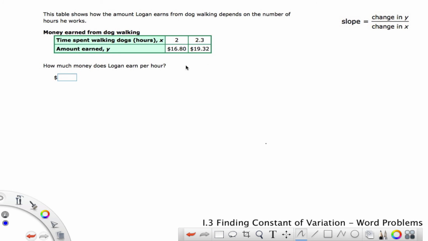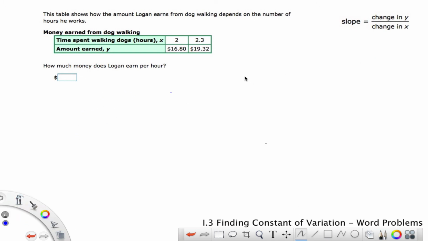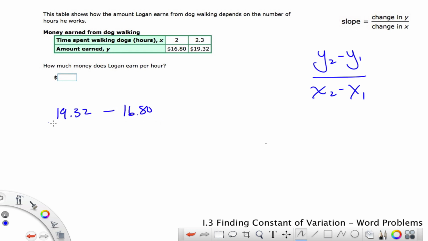So Logan earns some money. We got some fancy looking numbers here. So again, we have y sub 2 minus y sub 1 over x sub 2 minus x sub 1. So y sub 2 is this end one, so we have 1932 minus 1680 over 2.3 minus 2.